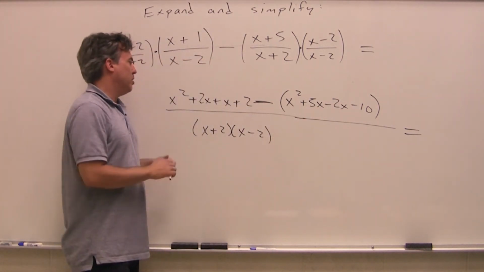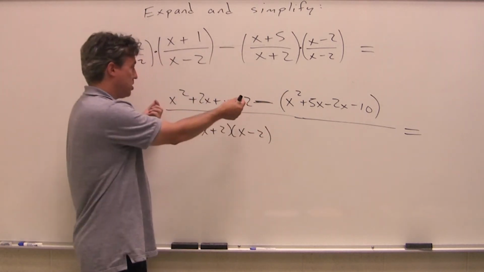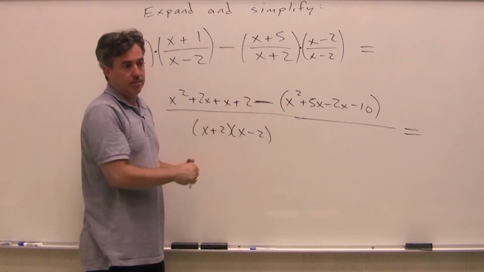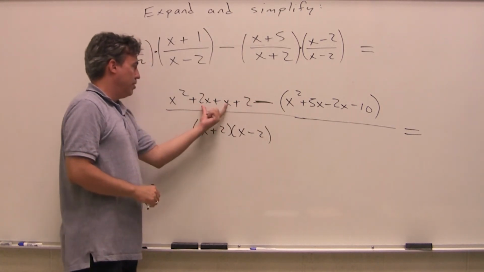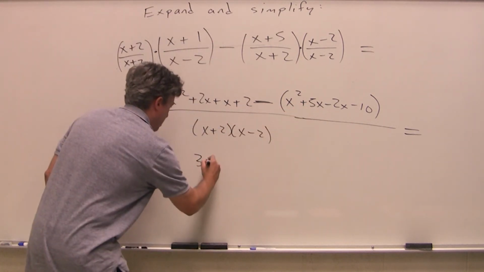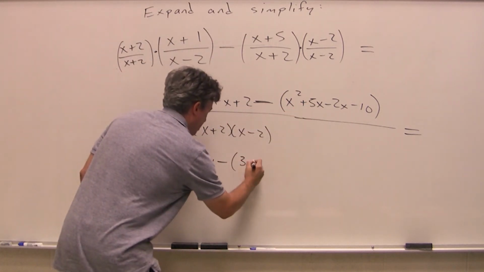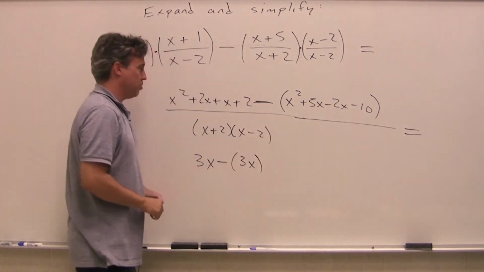What I'm trying to show here is that you don't have to get bogged down doing everything in order. You can select the terms you want and collect them immediately. So x squared minus x squared, that is 0. 3x here minus this. Okay, the 5x minus the 2x, that is 3x.